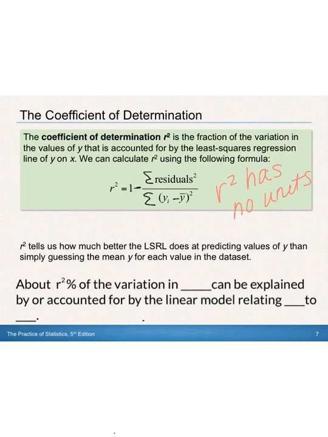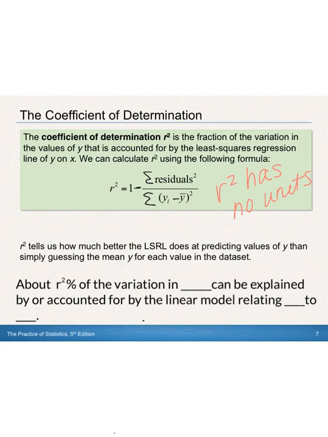The second measure of how strong a linear regression model is in terms of its predictive power is R squared. We don't really need to pay much attention to the formula, but we do need to pay attention to some qualities of the formula. For one, R squared has no units, whereas S has units that relate to the response variable, or the Y. R squared is just a measure of percentage.